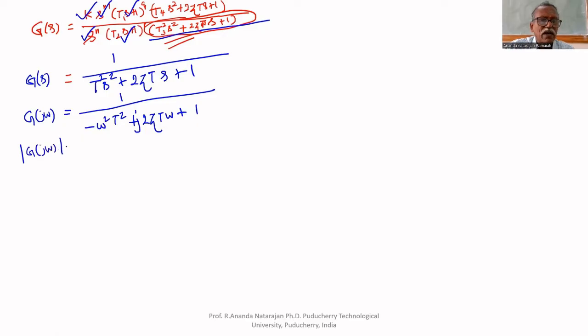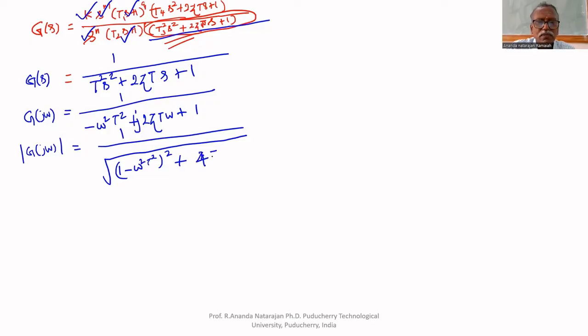Modulus of G of j omega equals 1 upon square root of real part squared, that is 1 minus omega square tau square whole square, plus imaginary part squared, that is 4 zeta square tau square omega square.